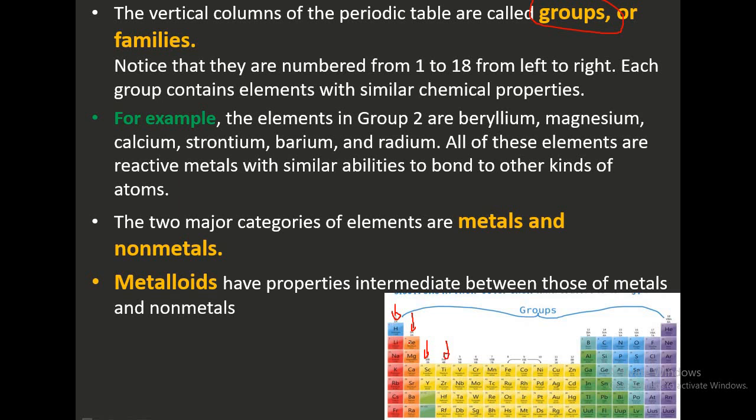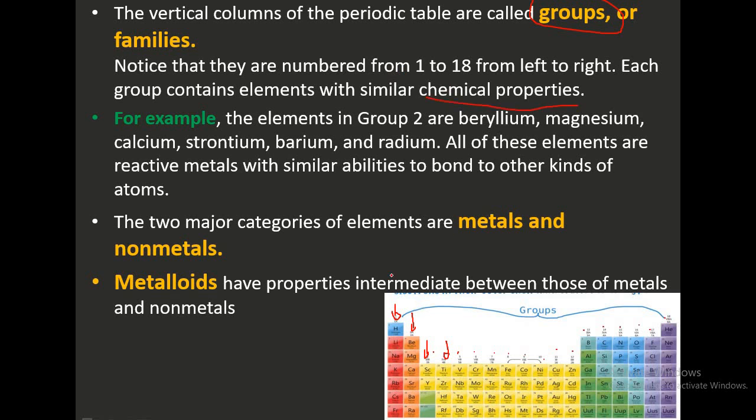So group 1, 2, 3, 4, 5, 6, 7, 8, 9, 10, 11, 12, 13, 14, 15, 16, 17, and also here 18. Note that they are numbered from 1 to 18, from left to right. Each group contains elements with similar chemical properties.